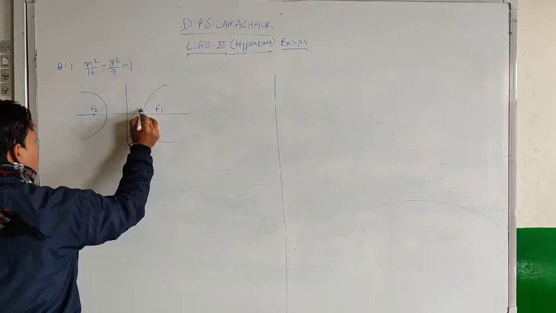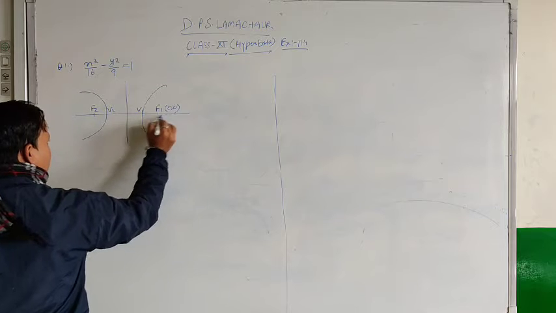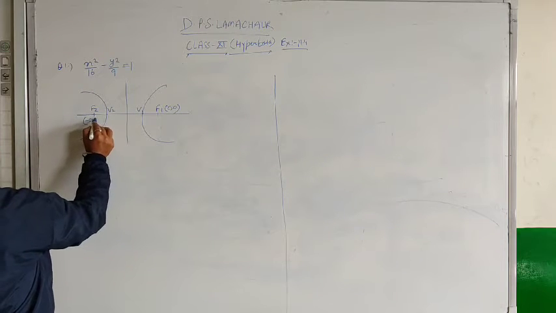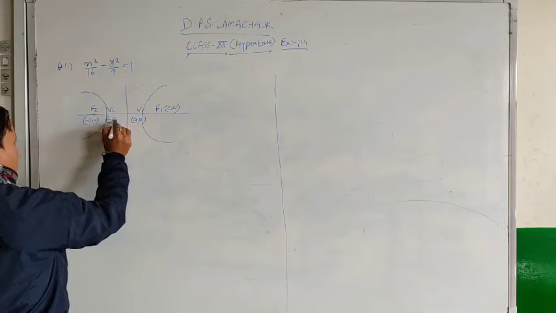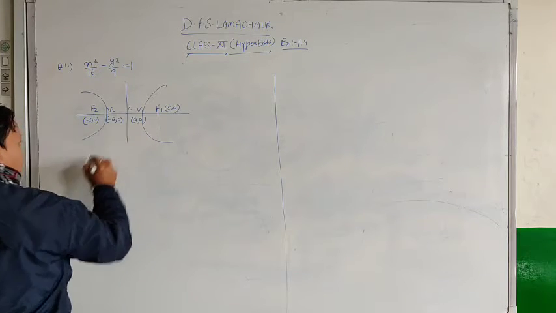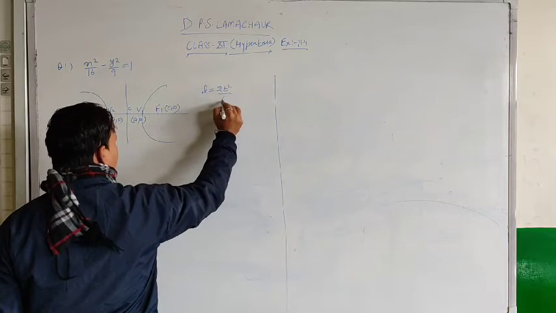This will be vertex V1 and this is another vertex V2. Coordinate of this focus is c comma 0 and here minus c comma 0. Coordinate of this vertex is a comma 0 and here minus a comma 0. Center will be at the origin and the length of latus rectum, as I proved, is 2b square upon a.